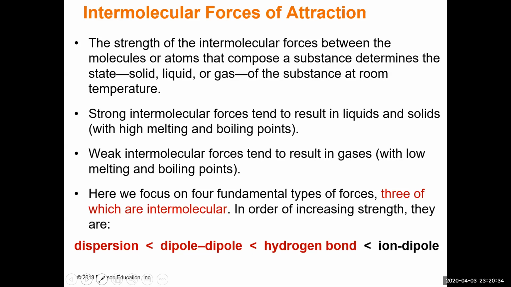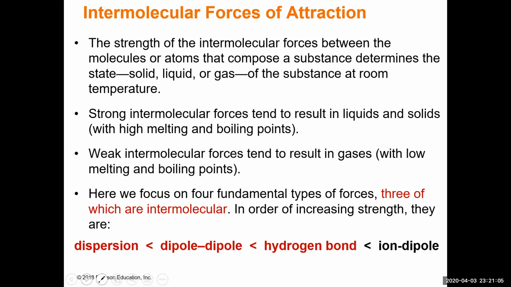So the strength of these intermolecular forces between the molecules or the atoms that compose a substance will determine the state, whether our substance will be a solid, liquid, or gas, at room temperature. When we have strong intermolecular forces, they tend to result in either liquids or solids, which have a high melting point and a high boiling point.